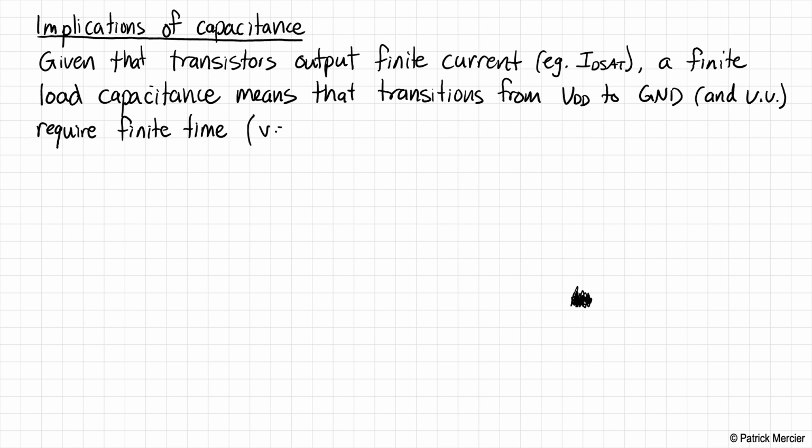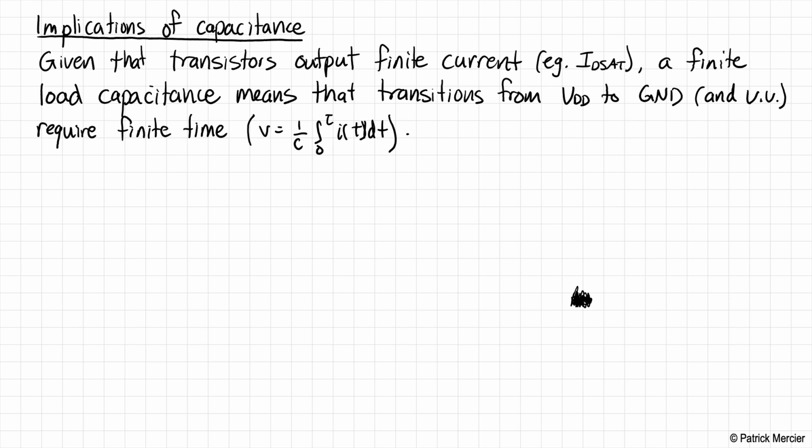So if you recall, the voltage seen over a capacitor is 1 over C, the integral from 0 to tau of I of t dt.